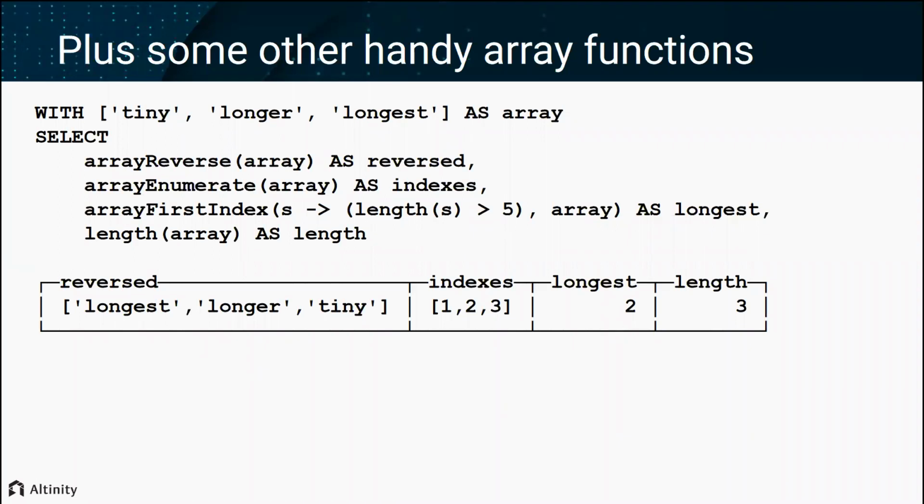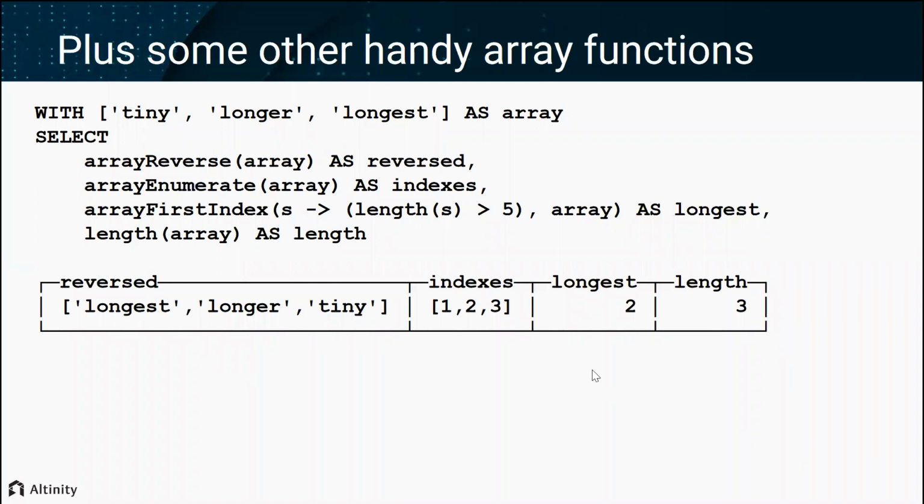Here are a couple of examples. You can reverse an array, you can sort an array, you can enumerate an array that will generate your indexes. This may look weird, but it may be useful for certain calculations. You can do some searches. So array first index will help us to find the element of the array that matches the condition, the index of the element, and so on and so forth.